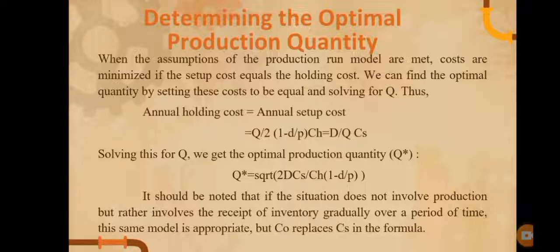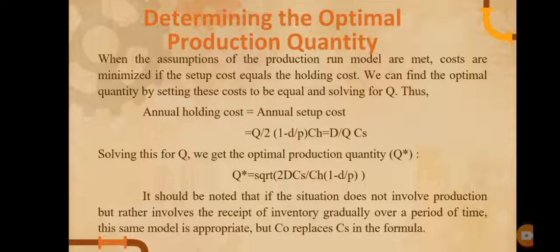So, in getting the optimal production quantity, the formula will be the square root of 2 times the daily demand rate times the setup cost over the holding cost times 1 minus the daily demand rate over the daily production rate.